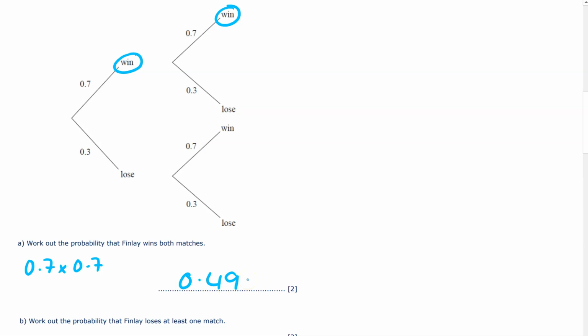And work out the probability that he loses at least one match. So you can either do it as 1 minus the probability that he wins both, because that is the thing that can't happen. We've just worked out the probability that he wins both.